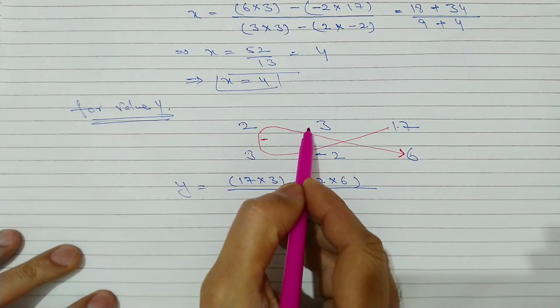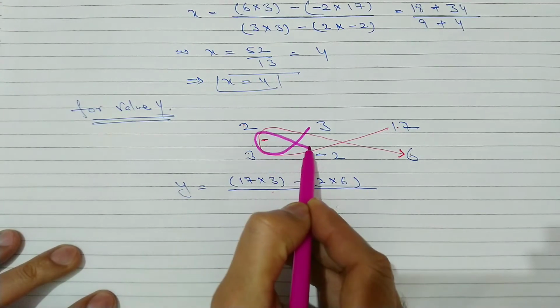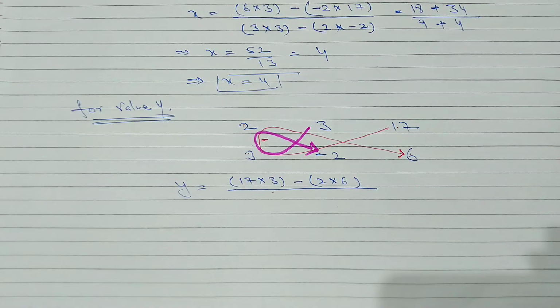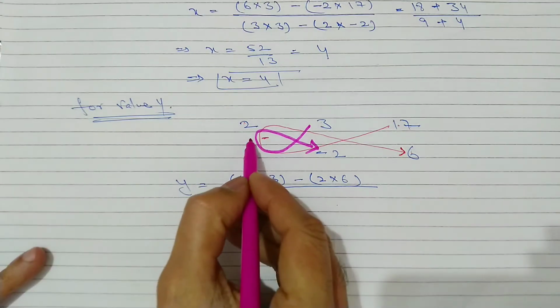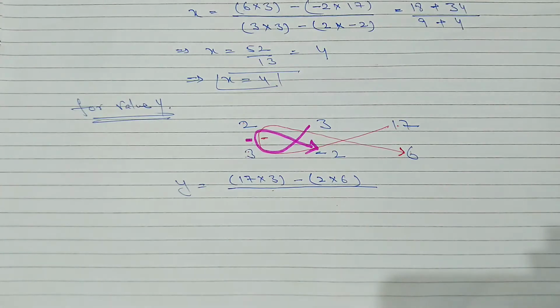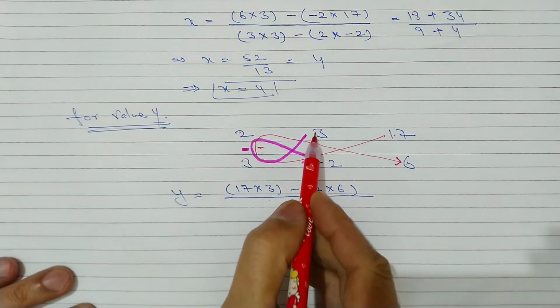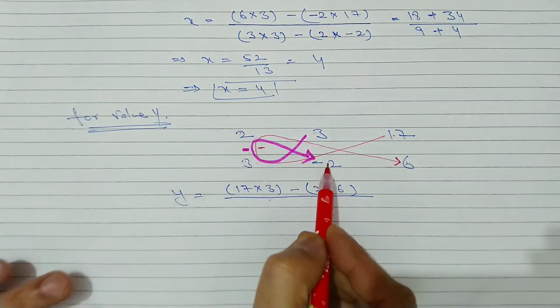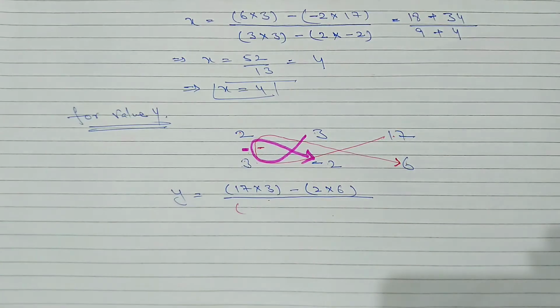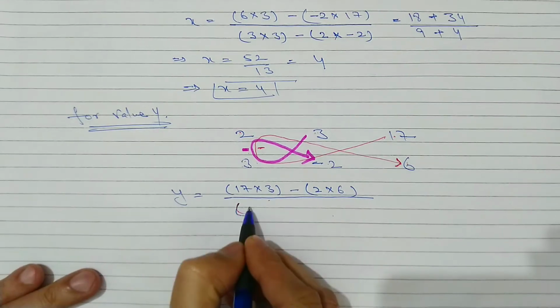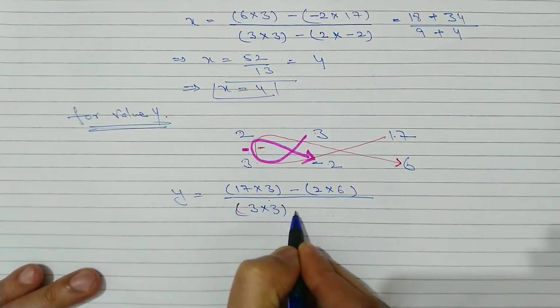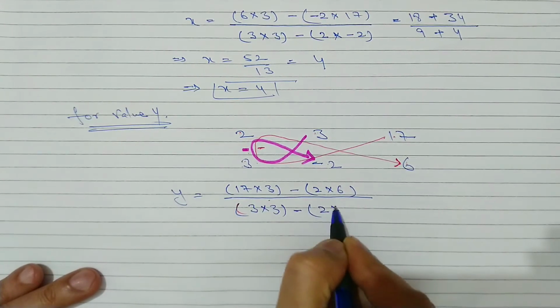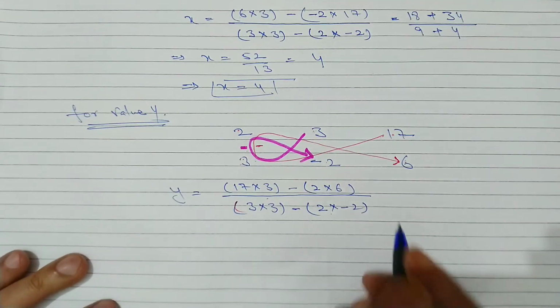See this, again negative sign, like this, 3 into 3 minus 2 into minus 2.